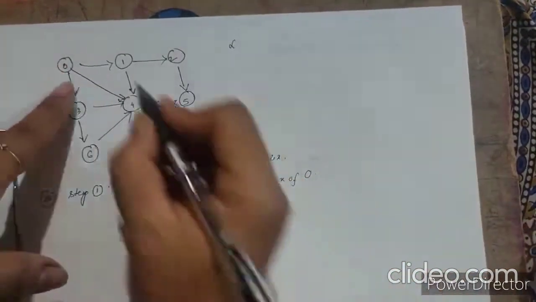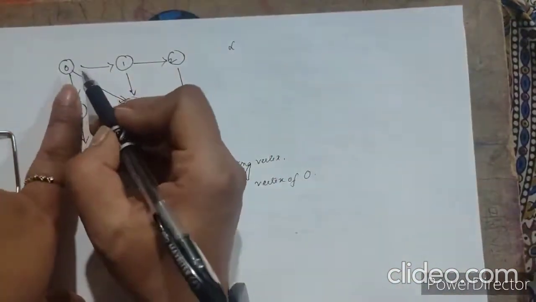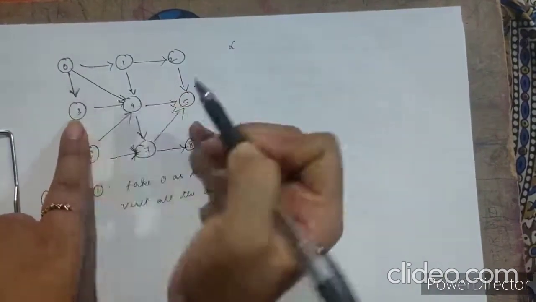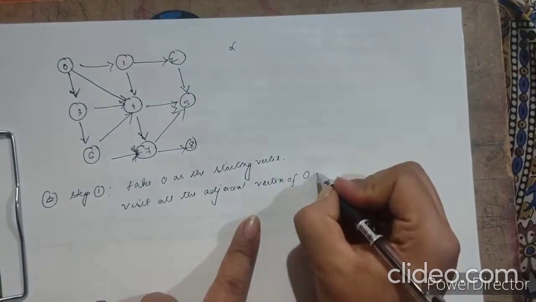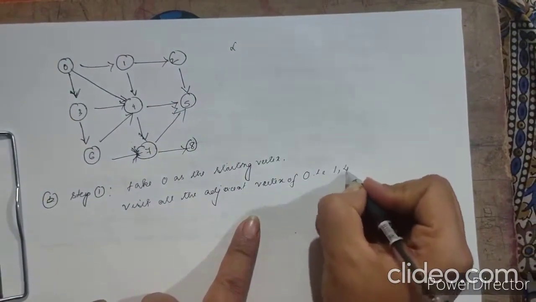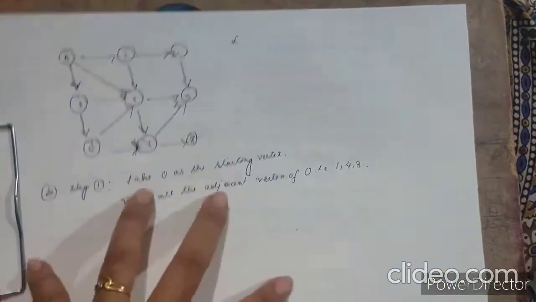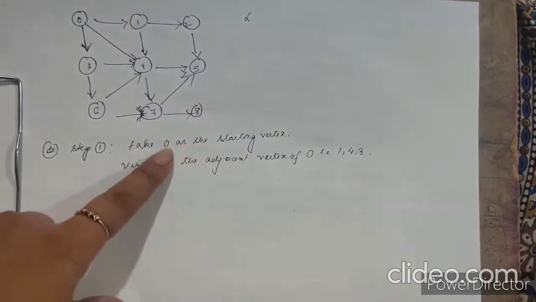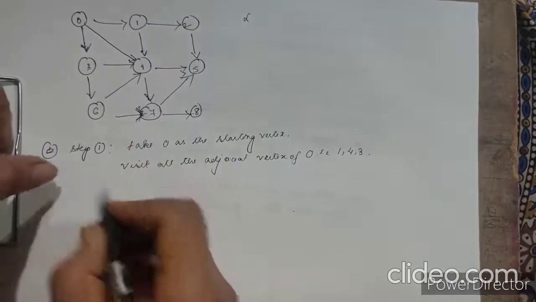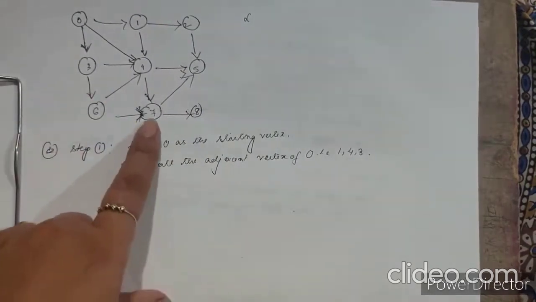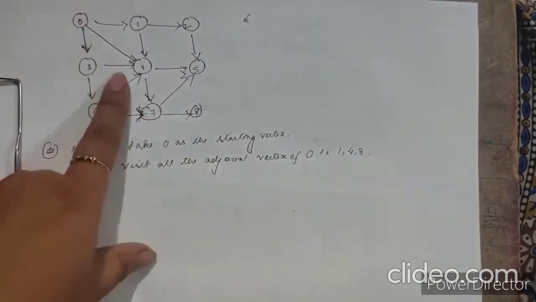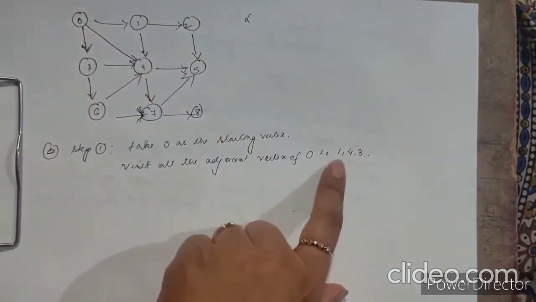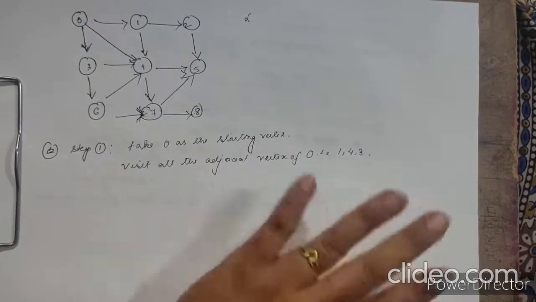You can see they are 0 to 1, 0 to 3, and 0 to 4. So that is 1, 4, and 3. These are the adjacent vertices of vertex 0. Then we can visit these 3 vertices in any order, either 1, 4, 3, or 1, 3, 4, or 3, 4, 1, any order.